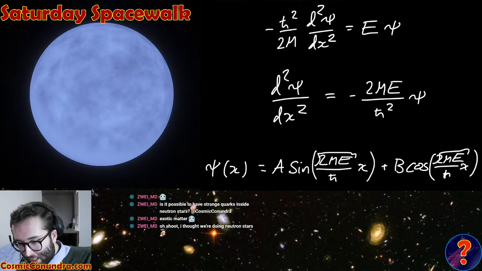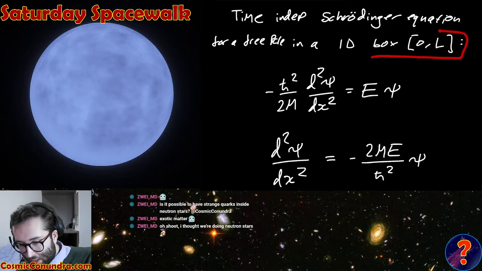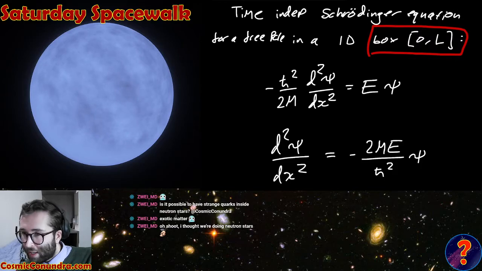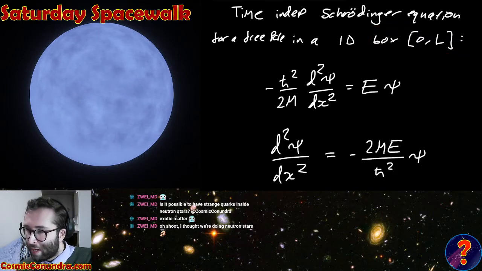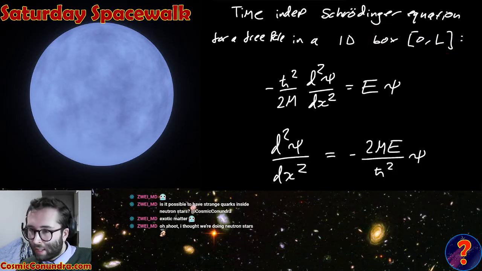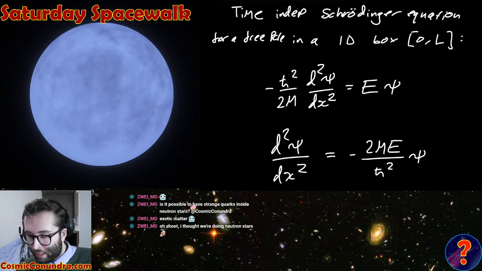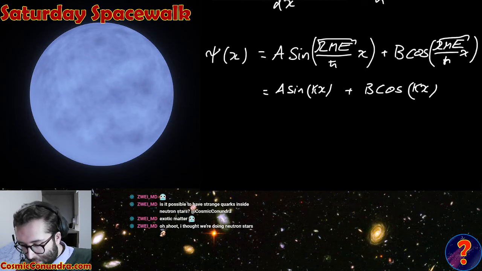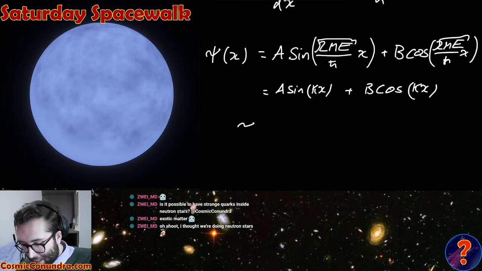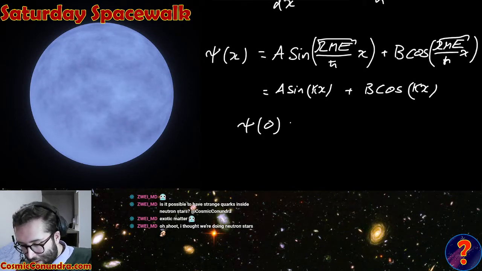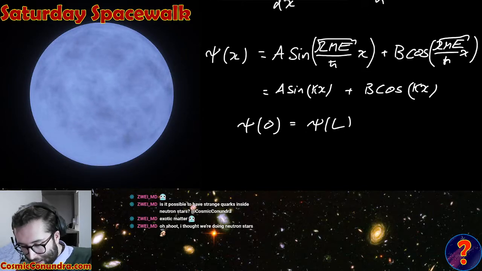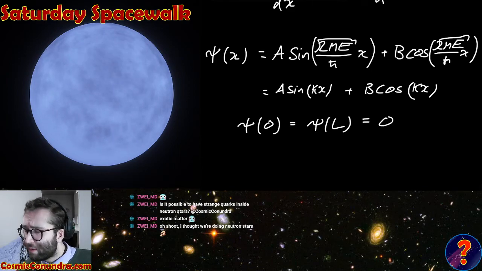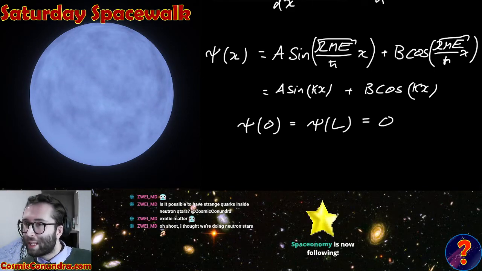And remember, we're considering this particle confined to a box of size 0 to L. So it has some length L, with one fixed wall at 0 and one fixed wall at position L. So we have to impose a boundary condition on this, and that is that at x is 0 and at x is L, the wave function has to vanish, because we're assuming it's an infinite potential well.